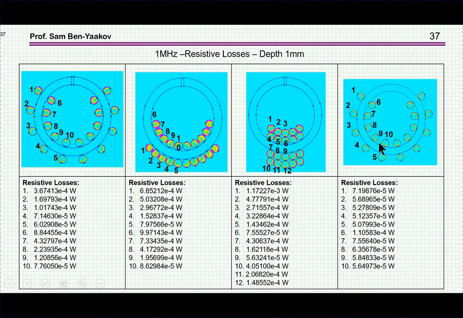So in these cases, a distributed gap core will be better unless you go to very, very high frequencies, and then of course even a small delta B may cause large losses.